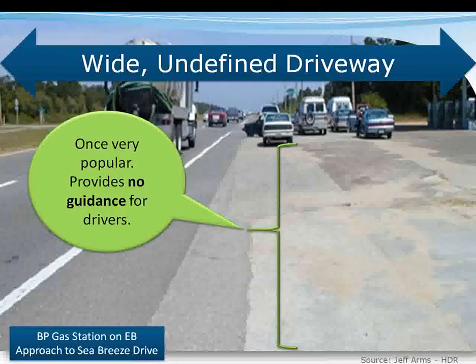We also see lots of places currently that have wide open, undefined driveways, and this is also an example of poor access because there's no positive guidance for the drivers leaving or coming onto the site.